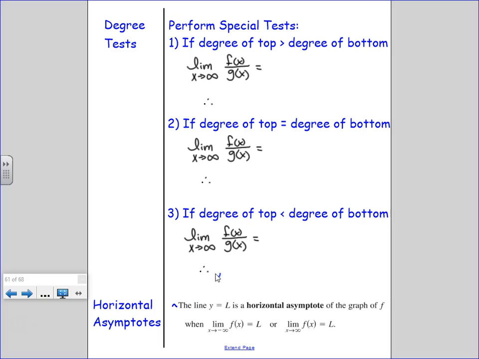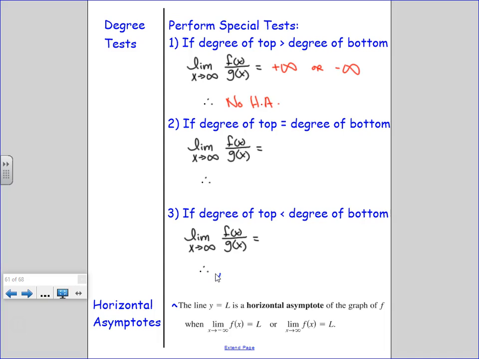So let's remember what we learned about horizontal asymptotes. If the top wins, there is no horizontal asymptote because the limit will either be positive infinity or negative infinity.